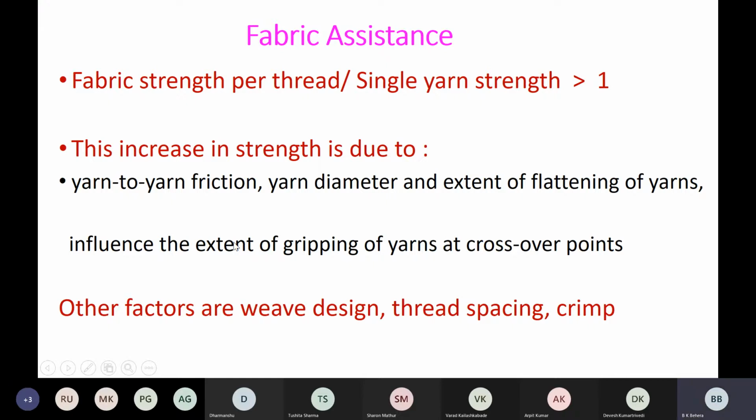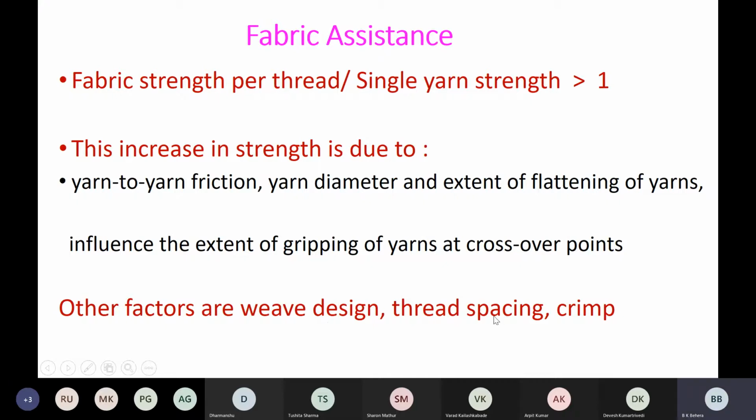Some other factors also influence fabric assistance, like weave design, because weave design will decide the number of contact points per unit area. If it is plain woven, the number of interlacement points per unit area is highest. If it is twill, satin, or other weaves, the number of intersection or contact points per unit area of the fabric goes down.